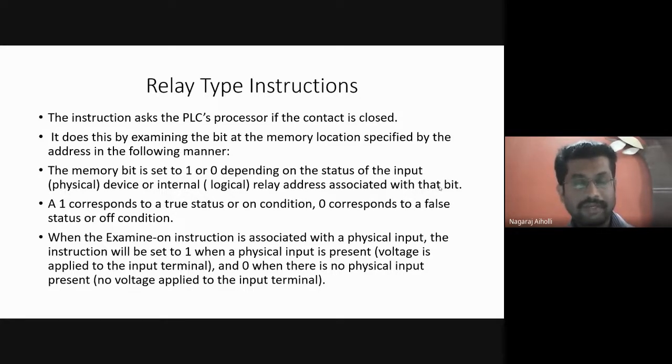If the input device is in off state, then the bit stored in the memory will be 0. A 1 corresponds to true status and 0 corresponds to false condition. 1 means true condition. If 1 is stored in the memory bit, it is a true condition. If 0 is stored in the memory bit, it indicates a false condition.